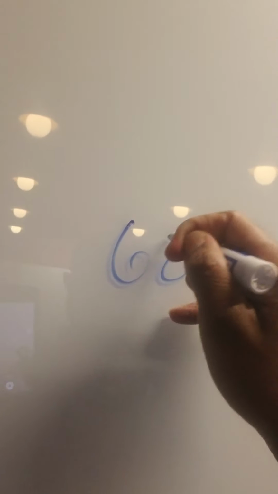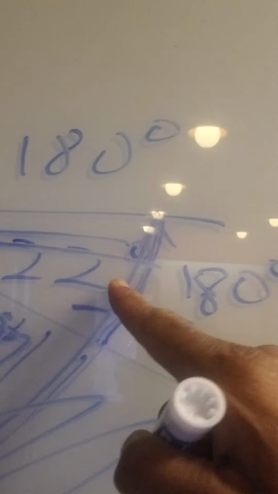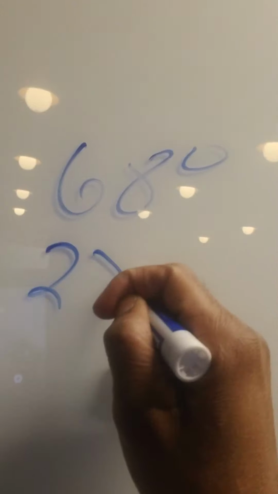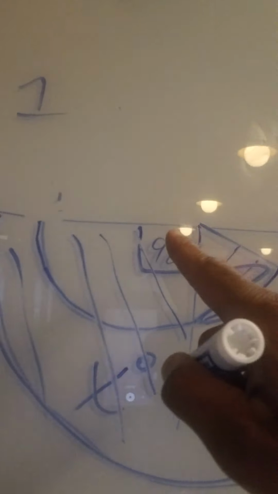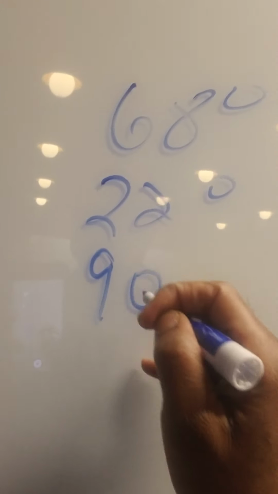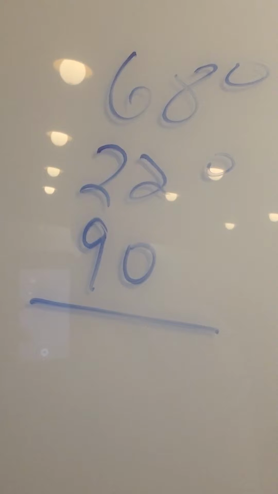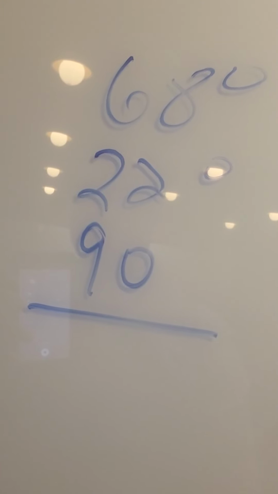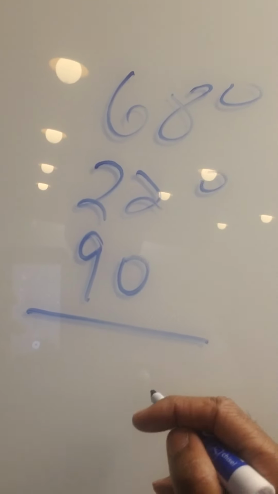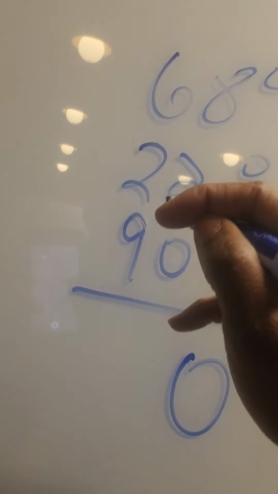Let's do it over here. That means 68 degrees plus 22 degrees plus 90 degrees should add up to what? Yes, it should add up to 180.